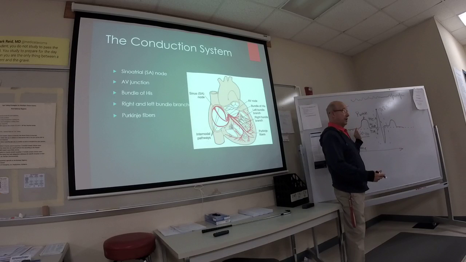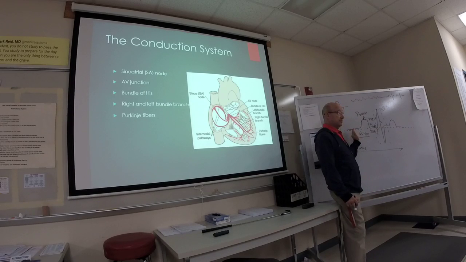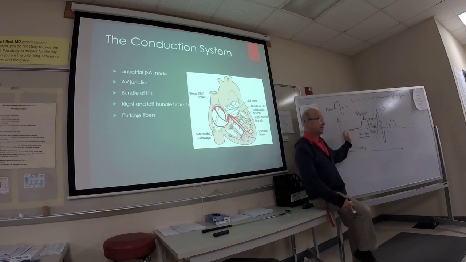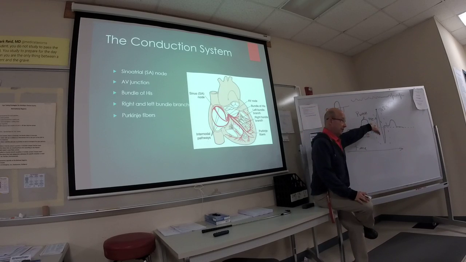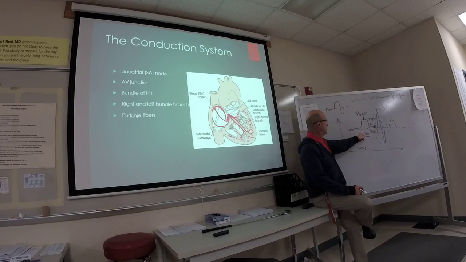If it's below 60, what is it called? A heart rate below 60. Bradycardia. Tachycardia, right? So if we have this problem here where we have a rate below 60 or a rate above 100, we just have to look at why that's so. Why do we have this bradycardia? Why do we have this tachycardia? Okay, again, that's for another day.